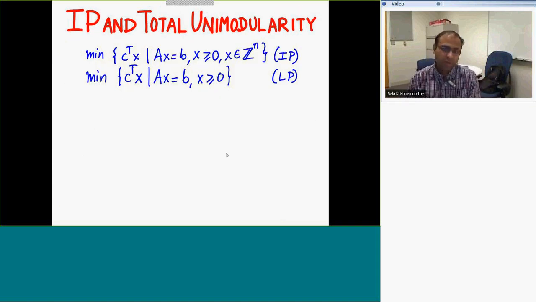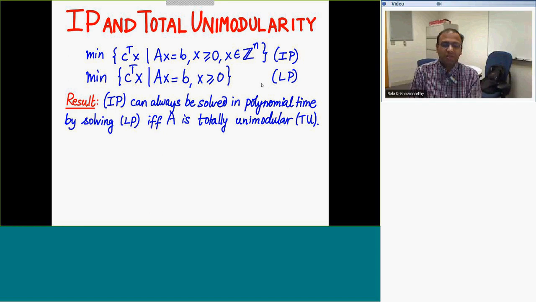And then the concept of total unimodularity comes in. Take a standard integer programming problem where you're minimizing a linear function subject to a bunch of linear equations and inequality restrictions, and you want an integer solution. Now if you ignore that integer restriction, you get the linear program.